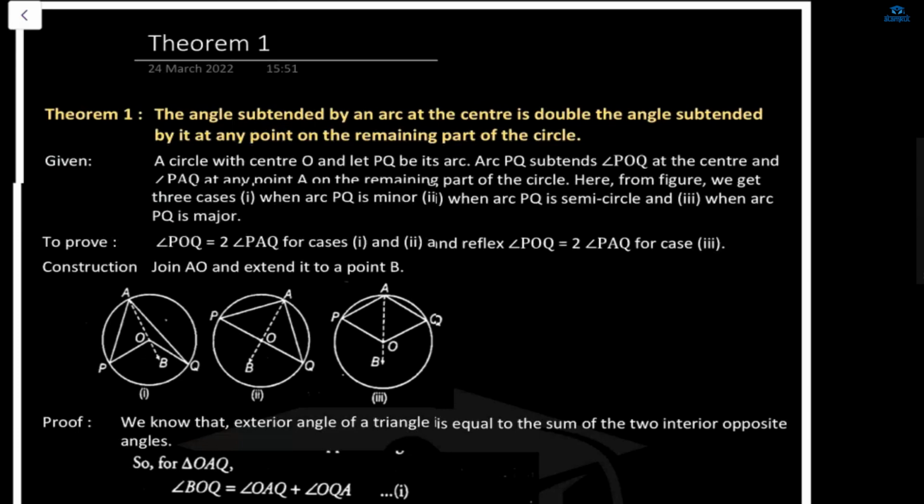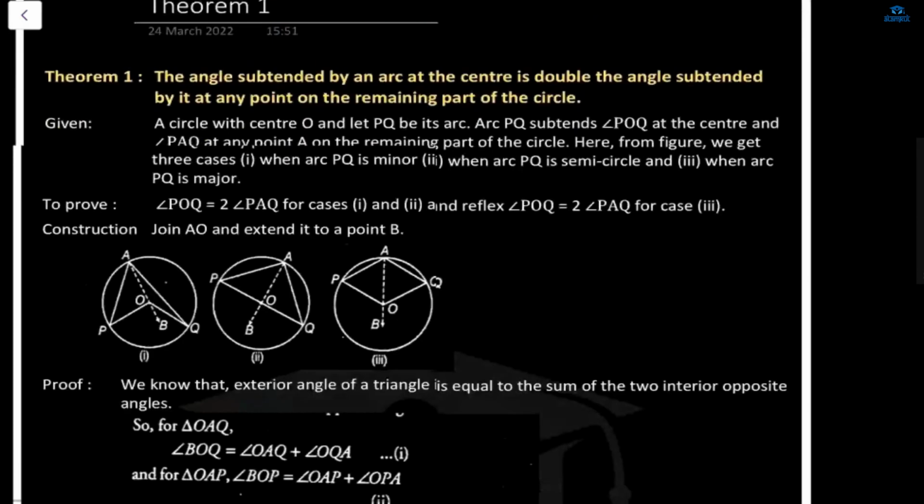We'll see the proof here. Theorems are very important. You should know the theorems by heart. All the theorems you have to learn by heart. The angle subtended by an arc at the center is double the angle subtended by it at any point on the remaining part of the circle. So this is a relationship between the angles.